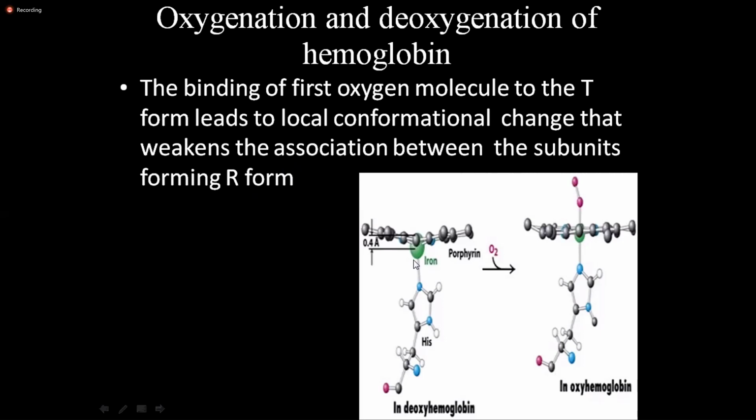So you see, when one molecule of oxygen first binds to one subunit of the hemoglobin, the conformational change starts in the structure, and that results in an increase in the oxygen affinity toward the other subunits of the hemoglobin, a step by step increase of oxygen affinity towards the remaining subunits.